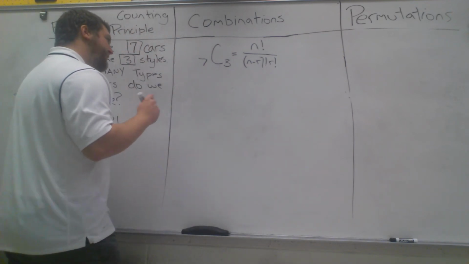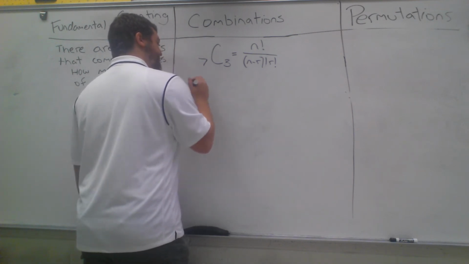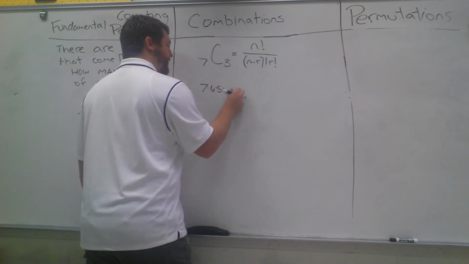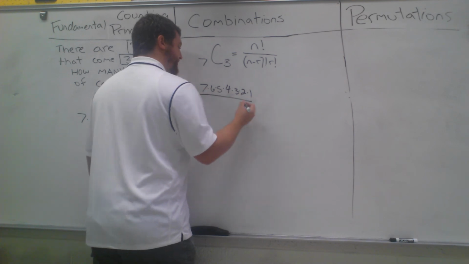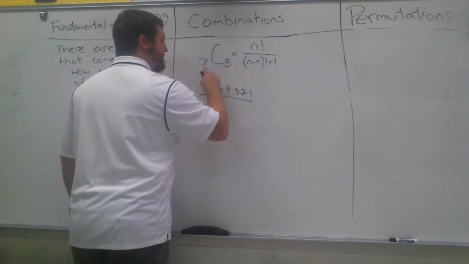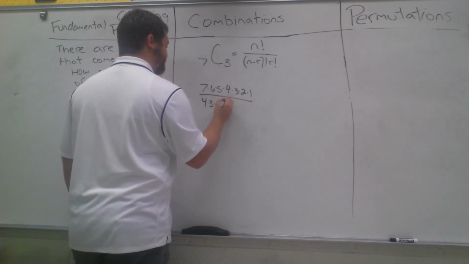So, I'm going to write this down here. 7 is my N, so I'm doing 7 factorial. 7 times 6 times 5 times 4 times 3 times 2 times 1. Over N minus R. 7 minus 3 is 4 factorial.